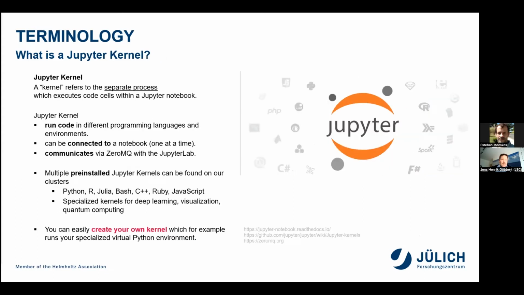Next is the Jupyter kernel. The Jupyter kernel is actually the separate process which executes the code cells in the Jupyter notebook. When you go through your Jupyter notebook from top to bottom, you go from one cell to the next, and if you enter a code cell, then this code cell will be executed in the environment of the kernel. And the kernel is the language you decide, but not only the language, actually the whole environment where you want to run your code.